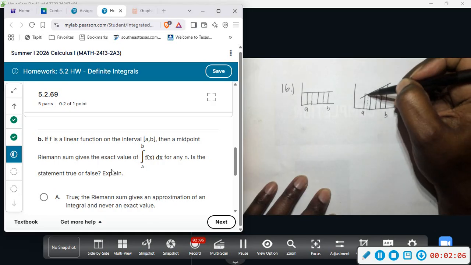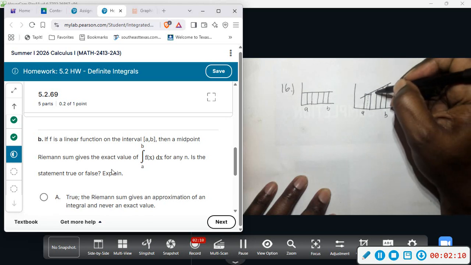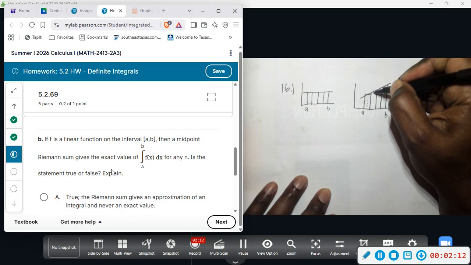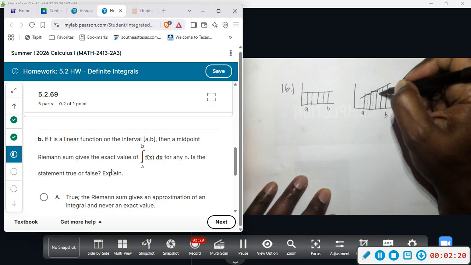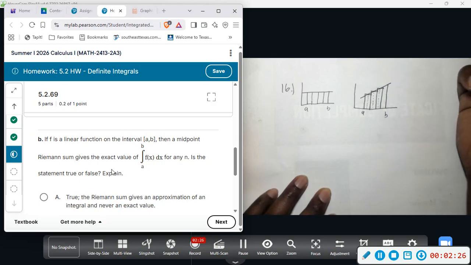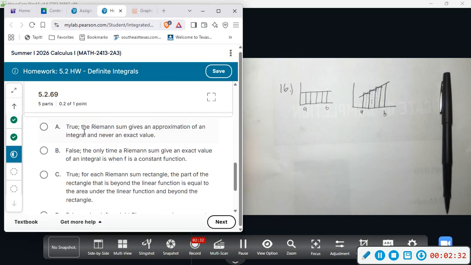Now you will have part of the graph below and part above, and those are the exact same value every time we use the midpoint. The part below the graph and above will be equal, so it will balance out to give us the exact area when using the midpoint of a linear function.